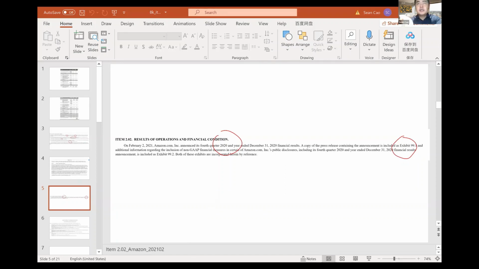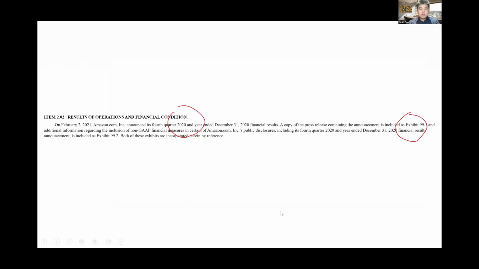So basically, of course we can get the information from the annual report and the quarterly report, but did I tell you the 4 days rule? If they know the information, they should disclose it within 4 days.